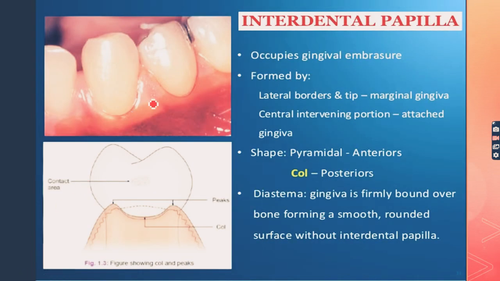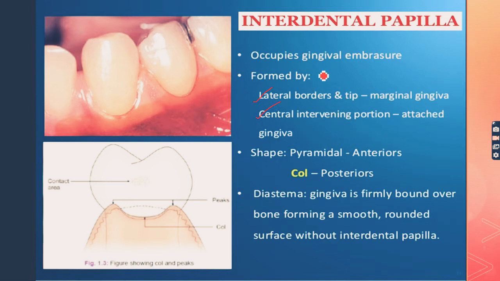Now come to interdental papilla. It occupies the gingival embrasure and is formed by the lateral border and tip of the marginal gingiva, and the central intervening portion is of attached gingiva.